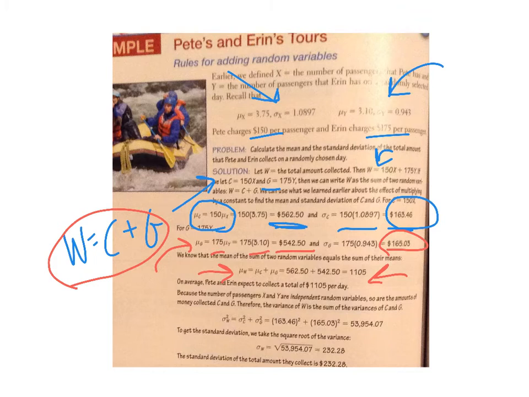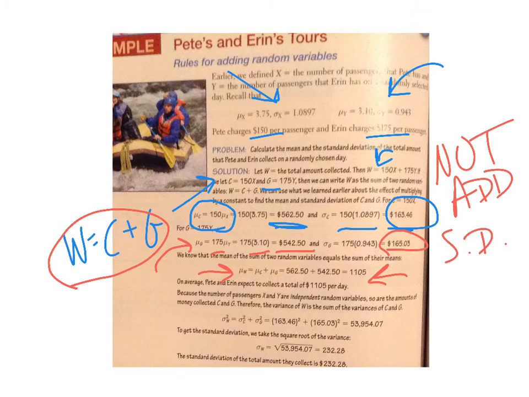These are independent random variables, so I can calculate variance, and then from there I can calculate standard deviation. Remember, I cannot add standard deviations. I have to calculate variance and then take the square root of the variance. So remember, when I'm calculating the variance, I've got squares involved. So the variance of C, which is 163.46 squared, plus the standard deviation of G squared gives me $53,954.07.